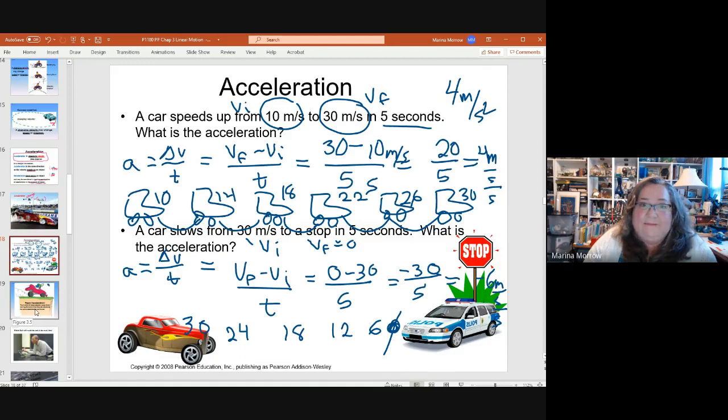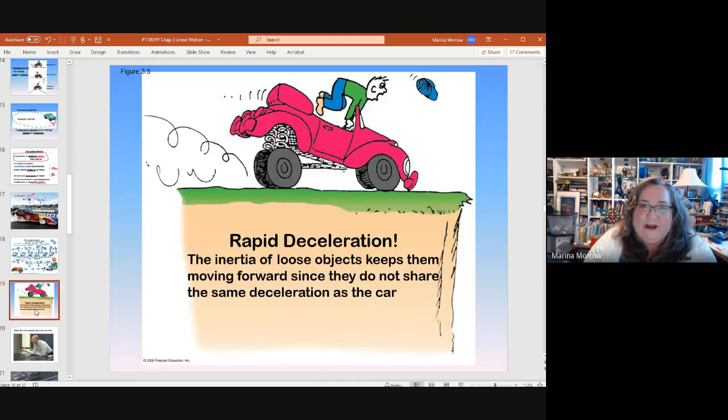Now, remember we talked about rapid deceleration already. When you come to a stop, suddenly your body wants to keep going forward because your body is still trying to go at 30 meters per second. And so that's, again, remember to have your seatbelt on, or if you're on a motorcycle, make sure your helmet's on too, and slow down.